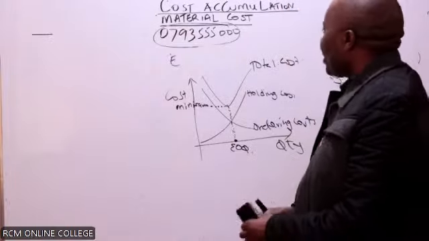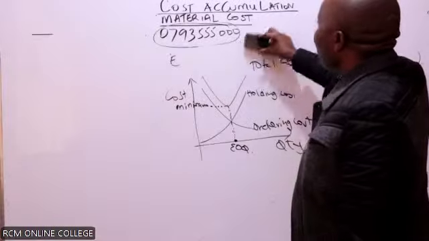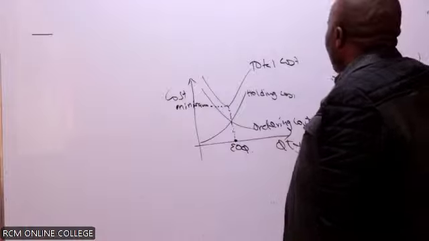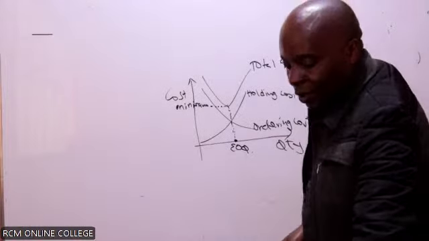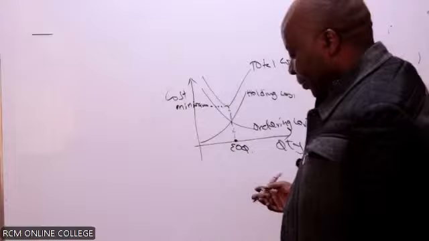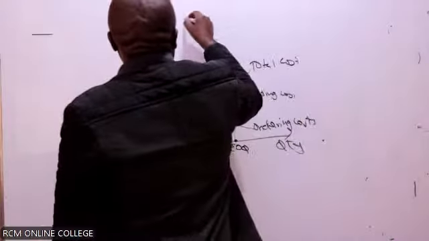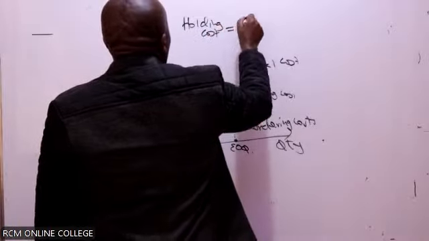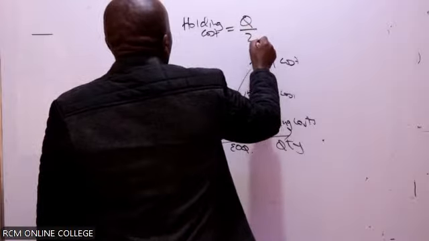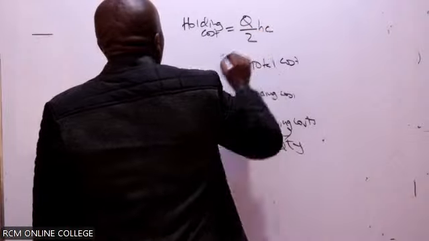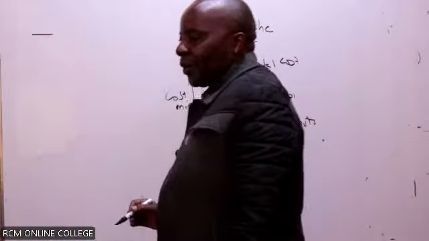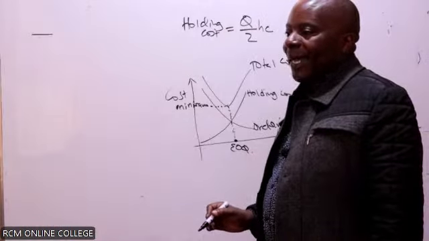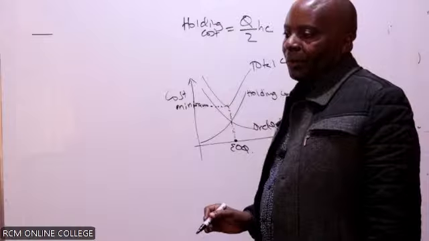Now, ladies and gentlemen, I would want you to listen to me very well. Whenever they want us to give them holding cost, how do we give it? We shall take Q over 2, because it's always based on average stock. So holding cost is Q over 2 multiplied by HC.